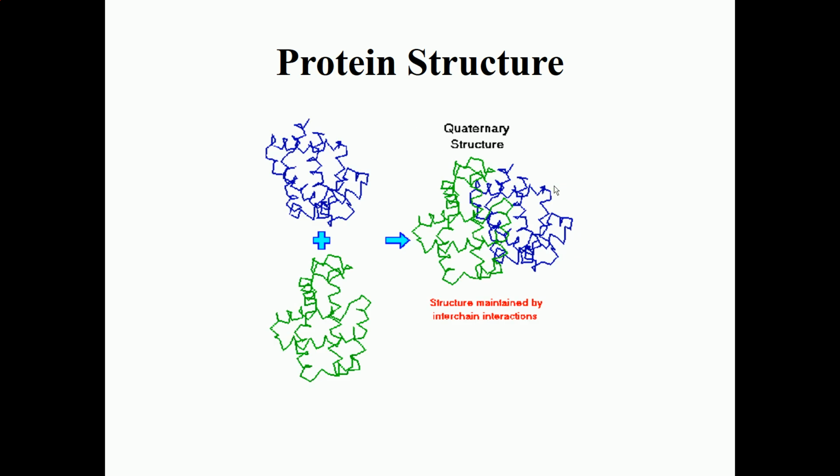That gives a structure called a quaternary structure, and that is the final three-dimensional structure of a protein if that protein is made of more than one polypeptide chain.